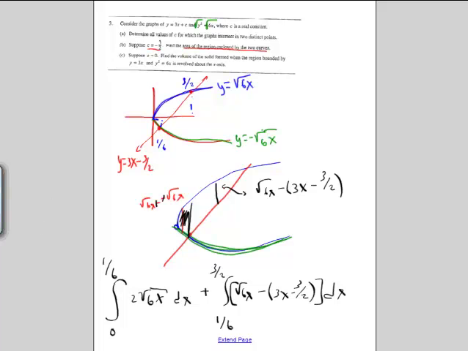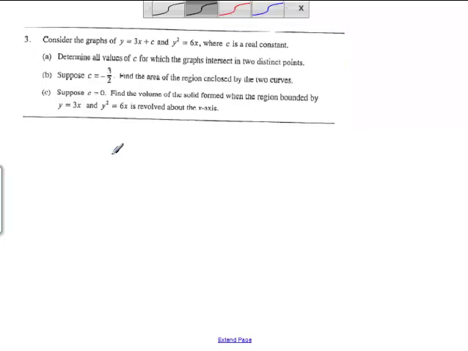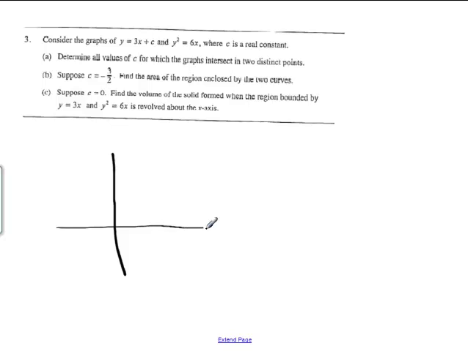All right, so let's answer the last question. In the last question, it says, now suppose c equals 0. Find the volume of the solid formed when the region bounded by y equals 3x and y squared equals 6x is revolved around the x-axis.